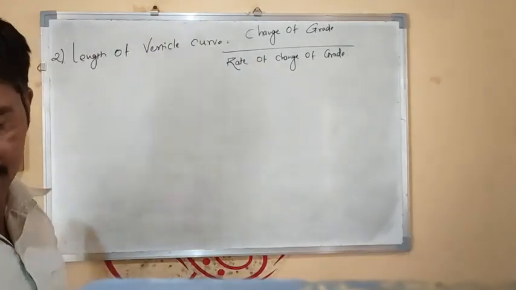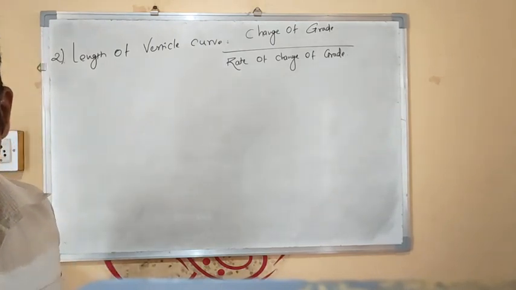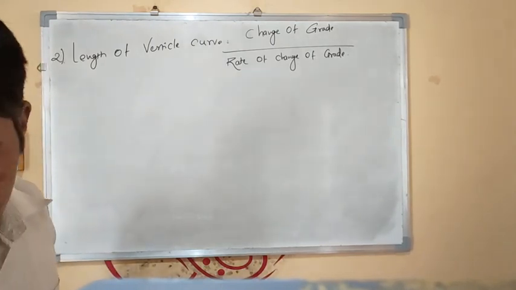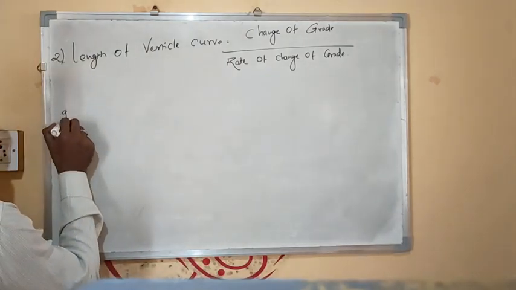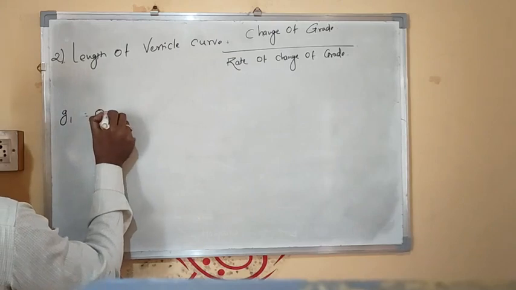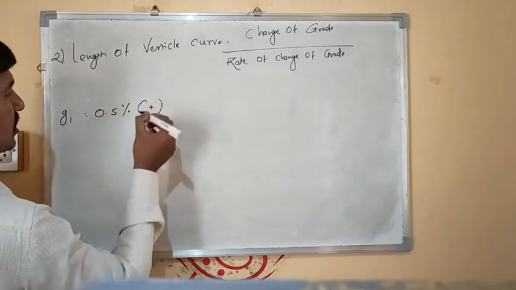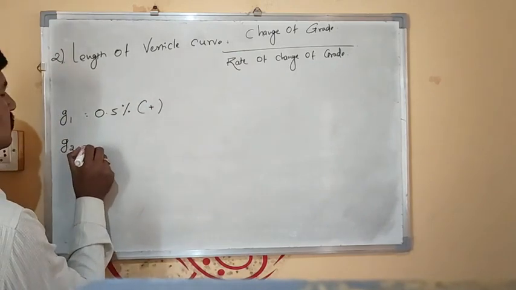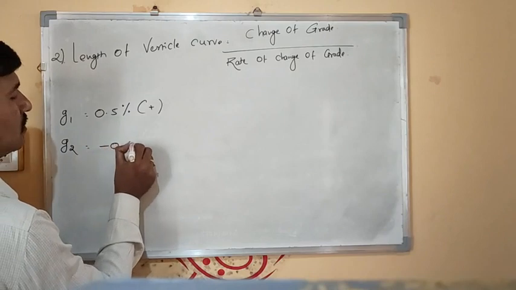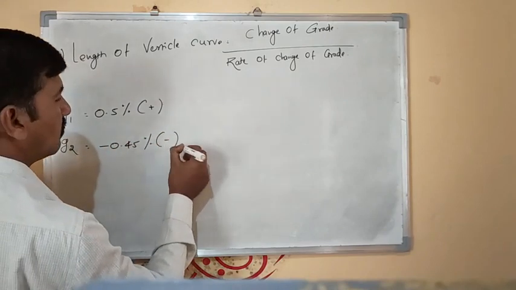So what is the data? They have given us two grades, 0.5 and 0.4. Suppose G1 is positive 0.5 percentage, and G2 is minus 0.4 percentage.